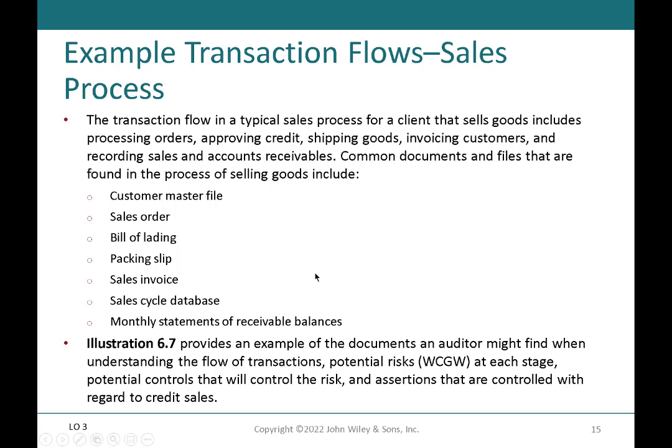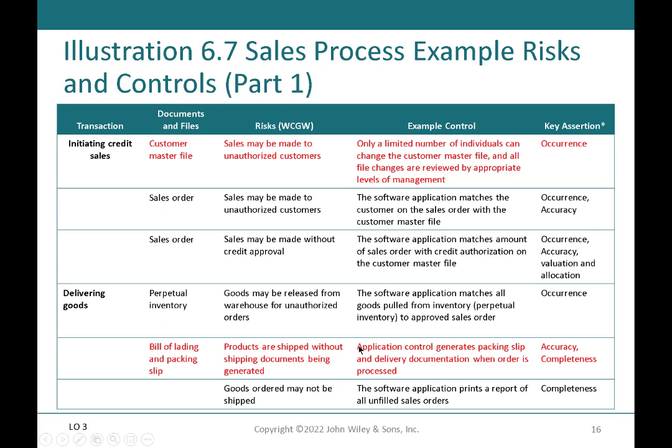So as an auditor, if you're overseeing the sales process, you want to look at all these different forms of documentation, and there's different areas within the sales process where things can go wrong. So here are some specific risks that we find within the sales function. And again, this is just one example of a transaction level control. There's numerous different types of transaction level controls we're going to look at later on.